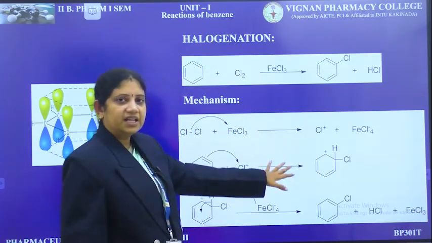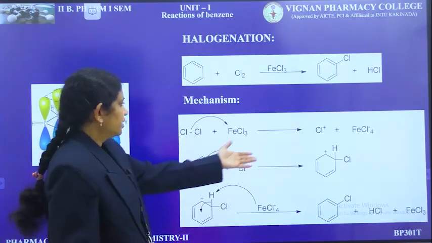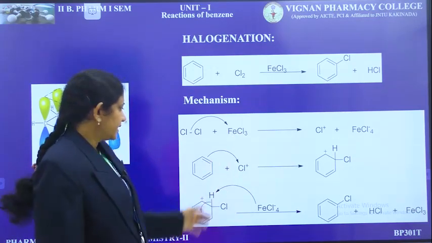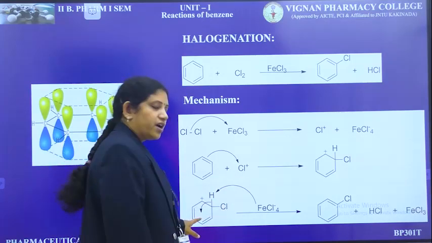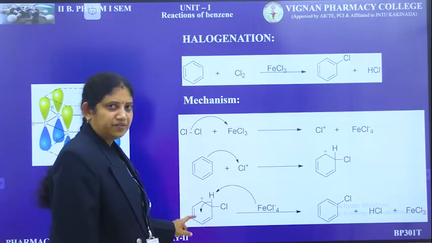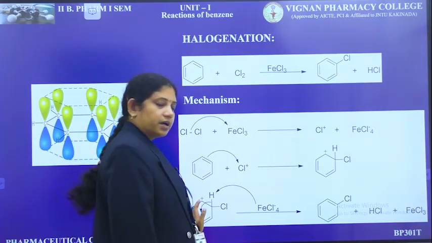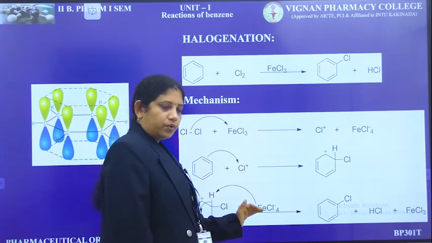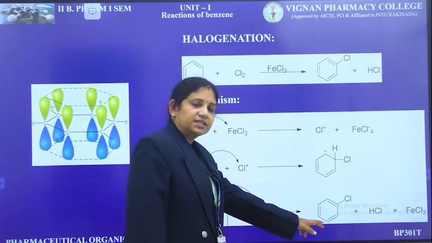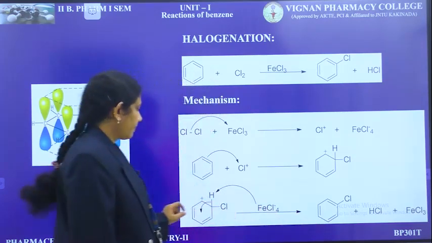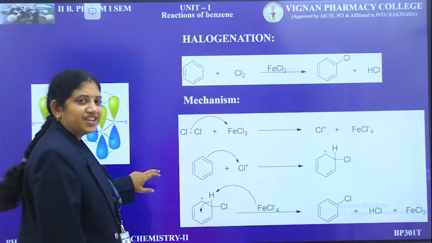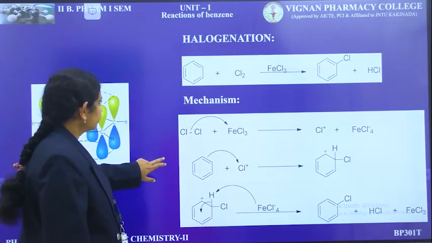For example, I am saying that it is going to attack at the ortho carbon, or the second carbon. Okay. So once it forms the reactive intermediate, it is going to release the proton, so that way it is able to release the chlorobenzene with the regeneration of the catalyst.